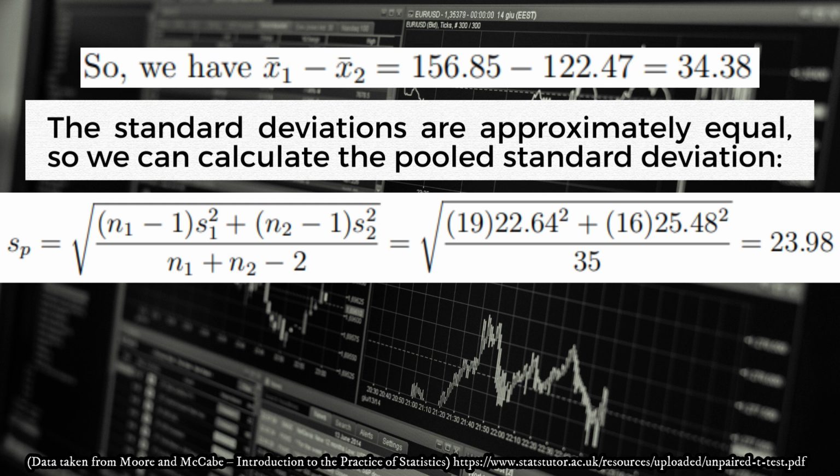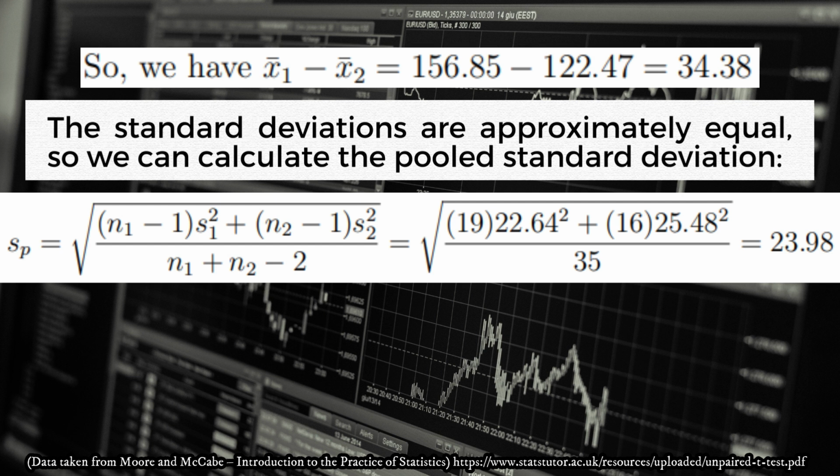Looking at the formula, the pooled standard deviation is equal to the square root of (n1 minus 1) times sd1 squared plus (n2 minus 1) times sd2 squared, upon n1 plus n2 minus 2.